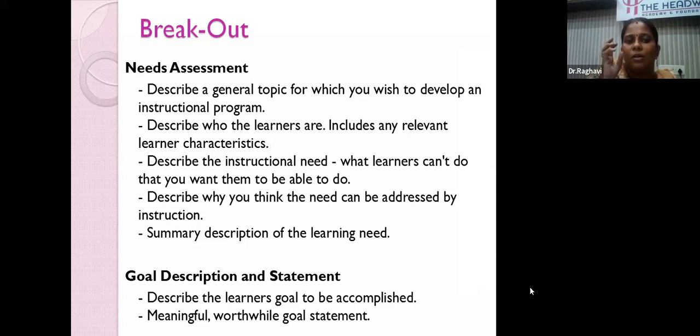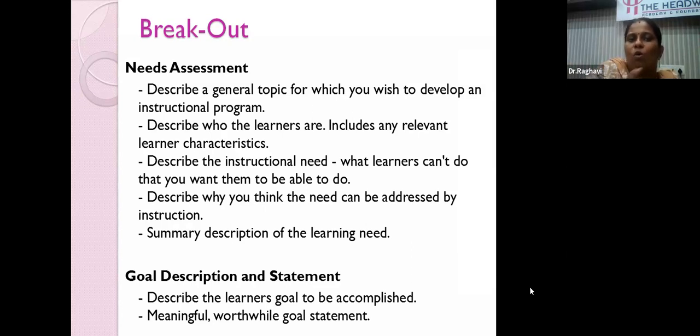You're going to do the need assessment: a general topic for which you want to develop an instructional program, who your learners are, what the instructional need is, and why you think it can be addressed by the instruction you're going to give, and the description of the learning need, with a goal statement which clearly talks about the learner's accomplishment.